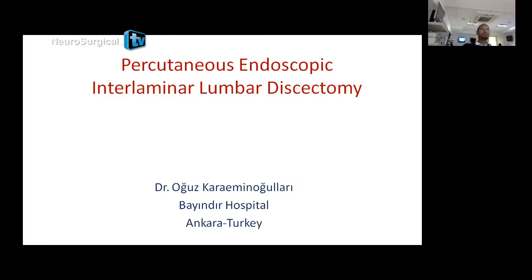With the posterolateral technique, this is the epidural space. This is the PLL. And this is the cyst, right? If you are in a posterolateral trajectory, you come like this.